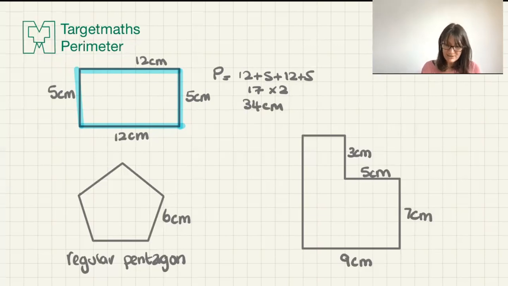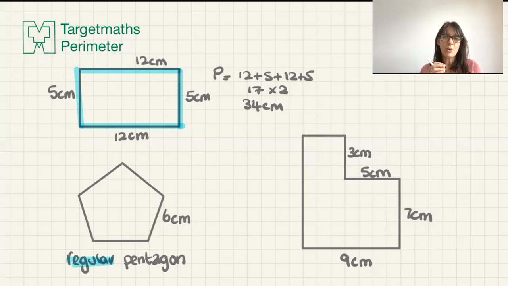We're going to look at the pentagon now, and the reason that I've done this one is because of this word here, regular. That pentagon just has one edge given to us. It's 6. I have to know and understand what the word regular means so that I can confidently complete this question.